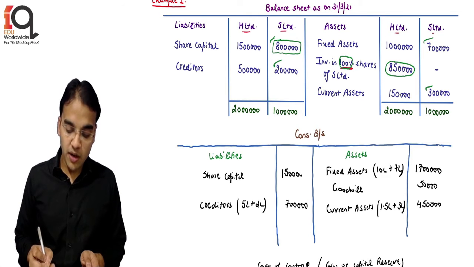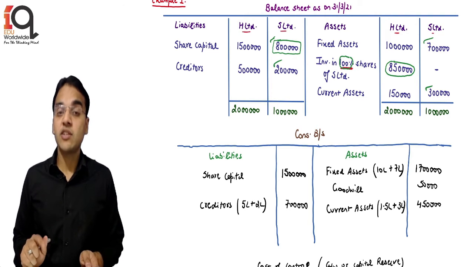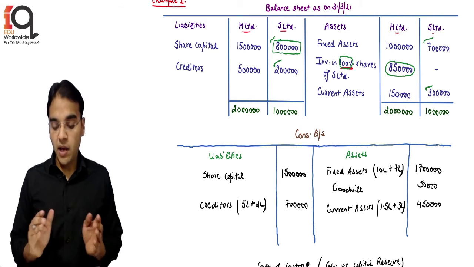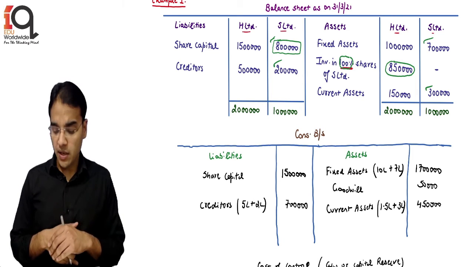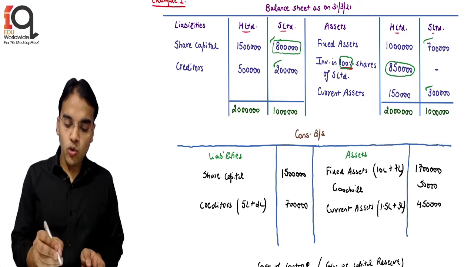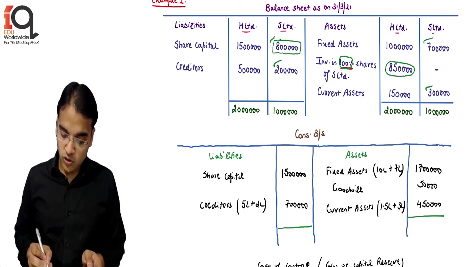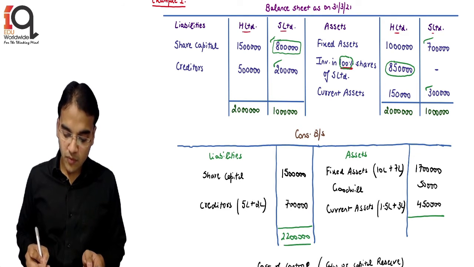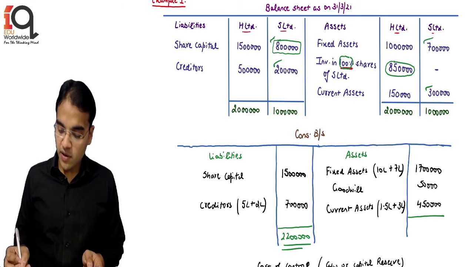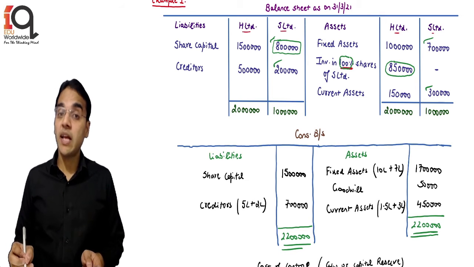We have replaced the investment with the net assets of the other company by knocking off the share capital. And in your balance sheet you will see the totals match, and the total is how much, student? That is 22 lakh here, and here also 5 plus 7, 22 lakh.